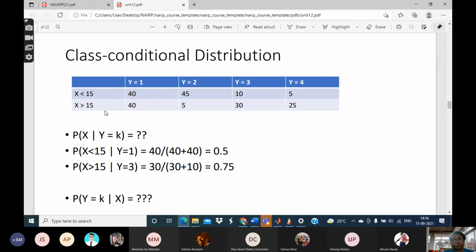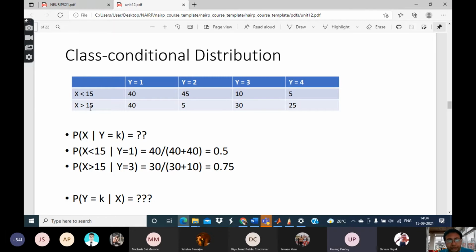We are starting with a very simple example. To make the matter even simpler, let me divide all the 200 examples I have into two parts: those who have the attribute value less than 15 and those who have the attribute value of more than 15.